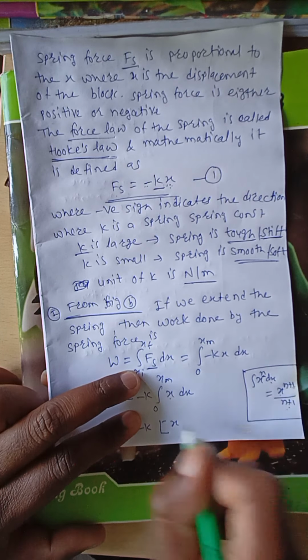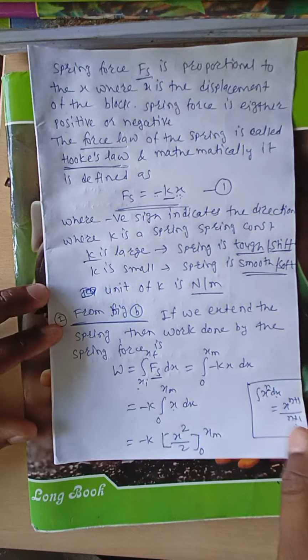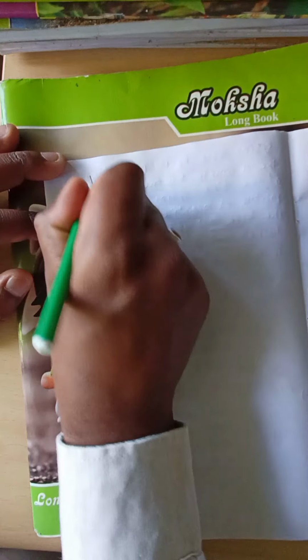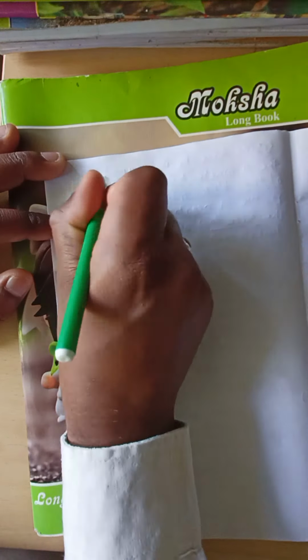Now the initial position is 0 and the final position is xm. Therefore the work done by the spring force, W, is equal to minus k, which is constant, and 1 by 2, which is also constant, and only x remains, with limits 0 and xm. In place of x, first put xm, then minus 0.